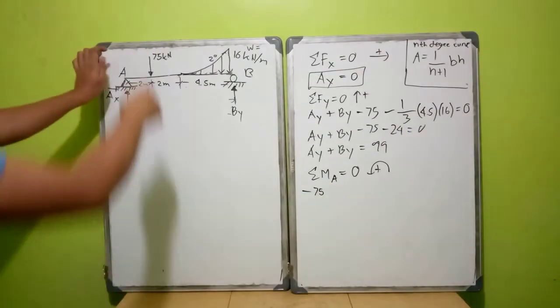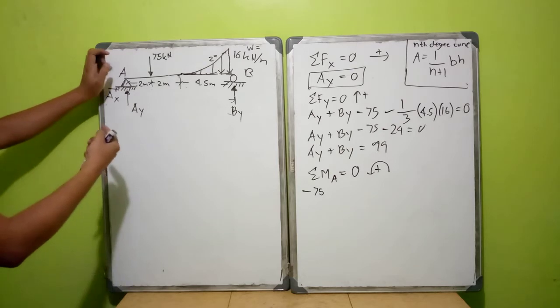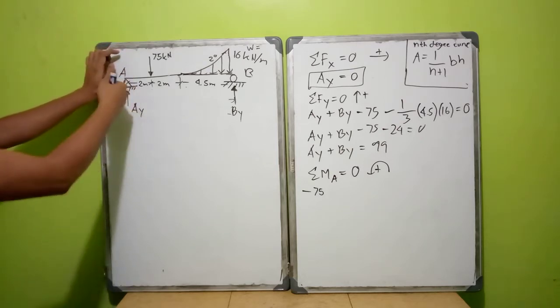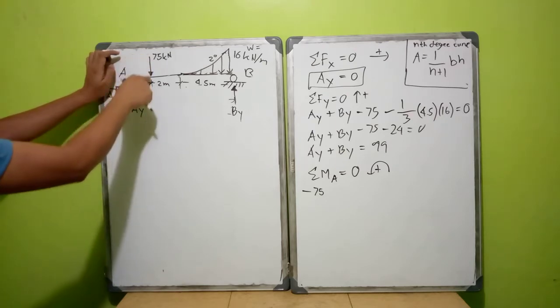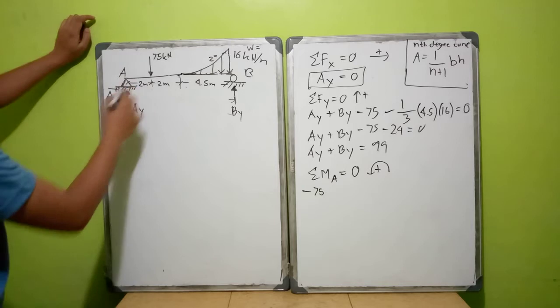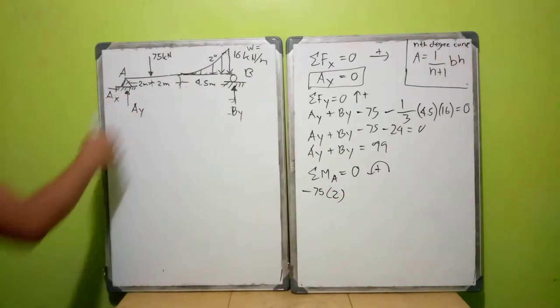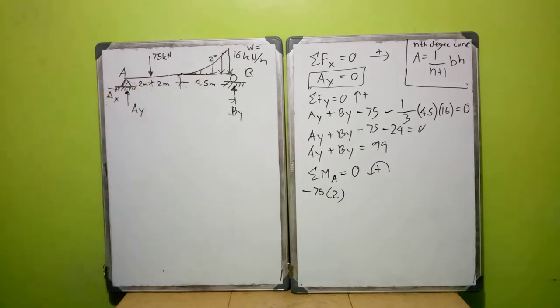75. Since this is a vertical force, we need to find its perpendicular distance from A, which will be its moment arm. Since this is vertical, its moment arm is 2 from A. Then we go to this point.